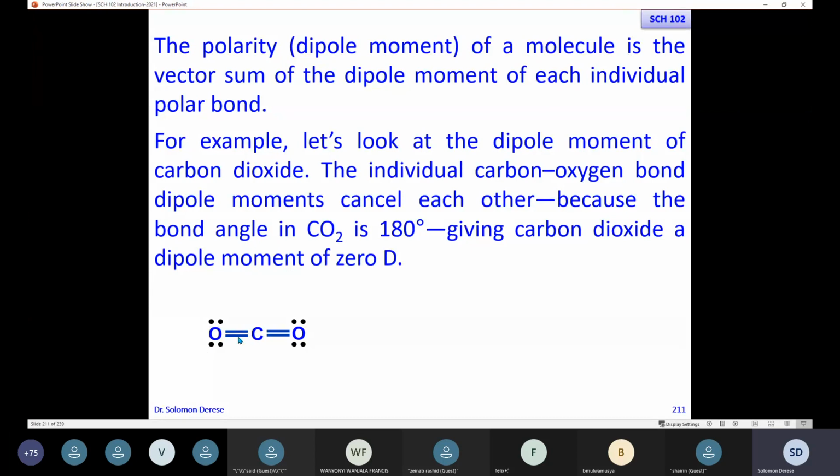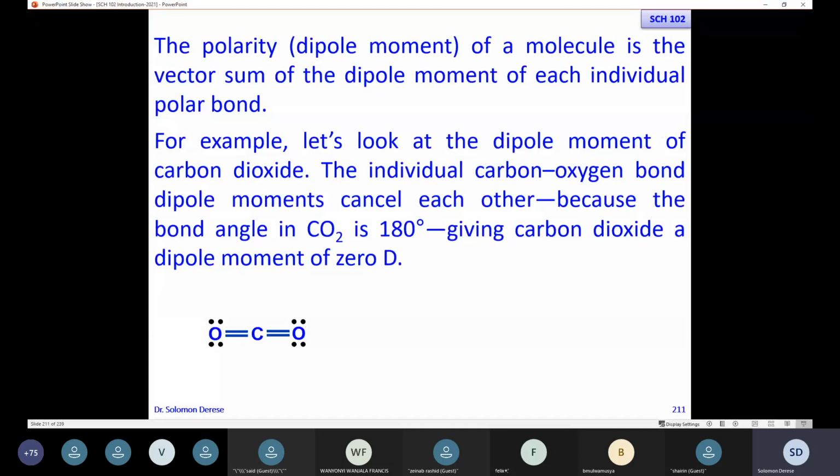You remember, the Lewis structure does not give us information about the geometry or the shape of the molecule. All it tells us is that the carbon is at the center, bonded to two oxygens, forming two double bonds, with two lone pairs of electrons on each oxygen.